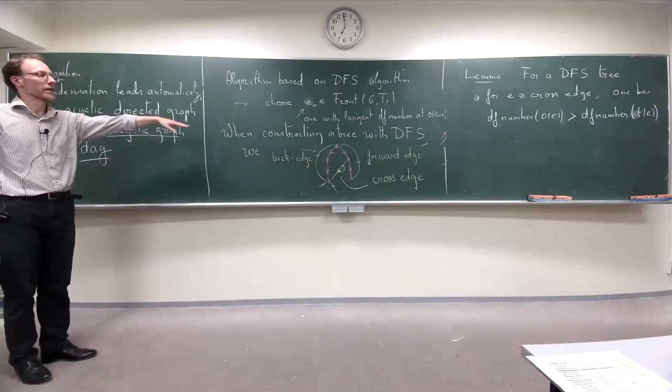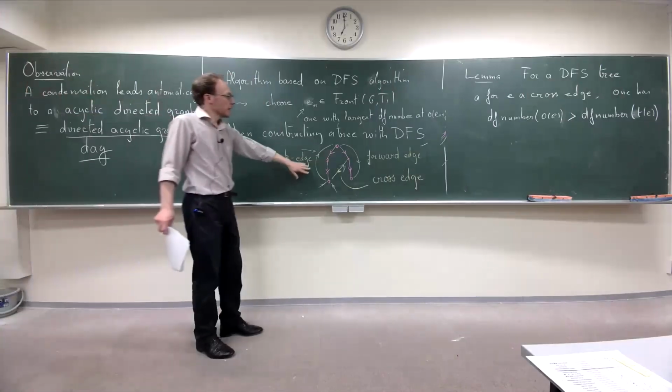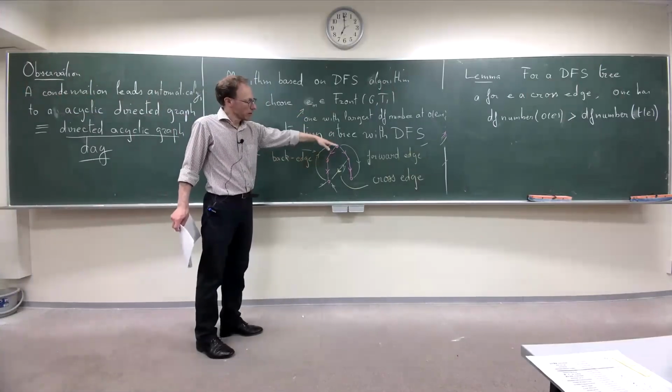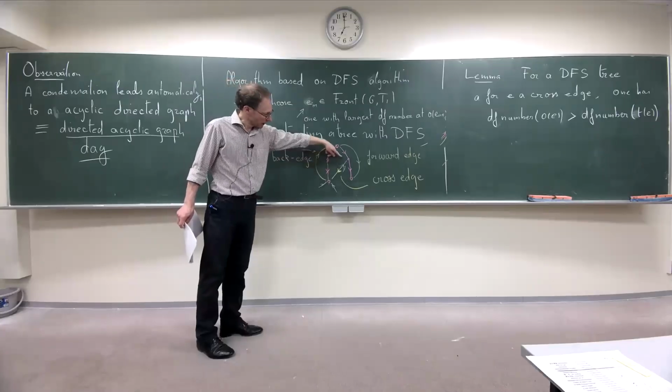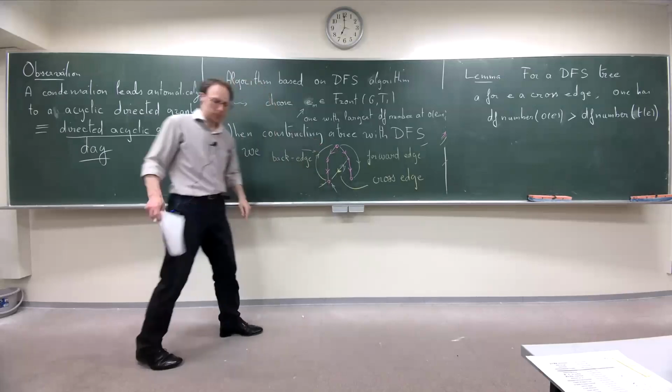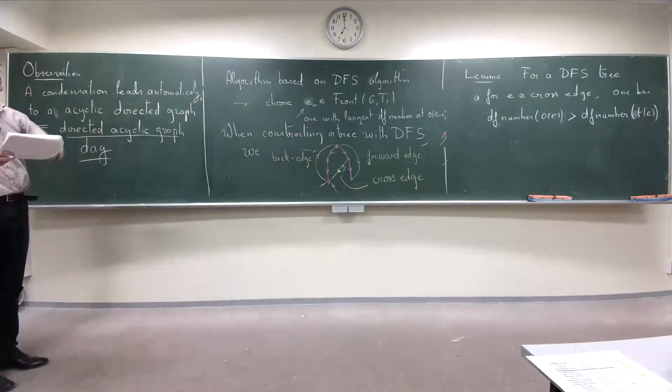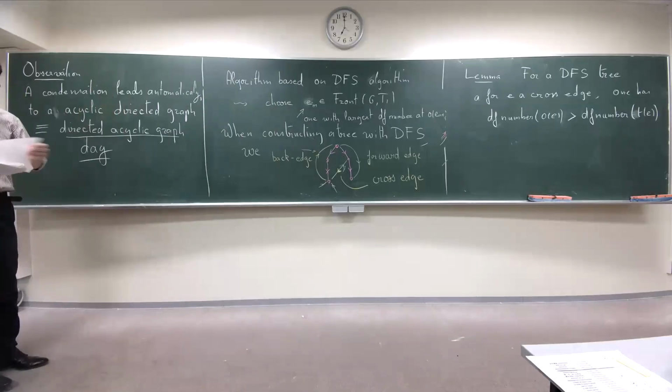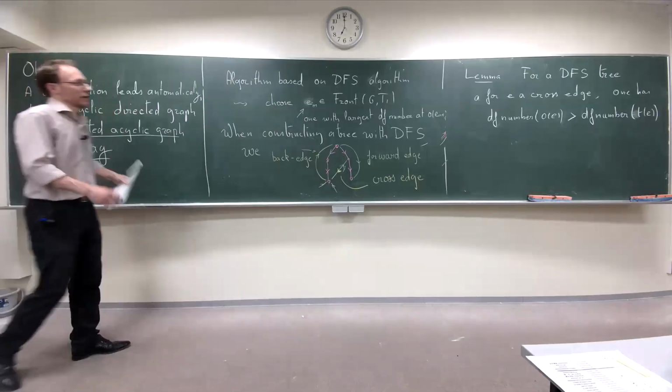But assuming that you can construct such a tree, then with this algorithm you would always have cross edges going from a big DF number to a smaller one.